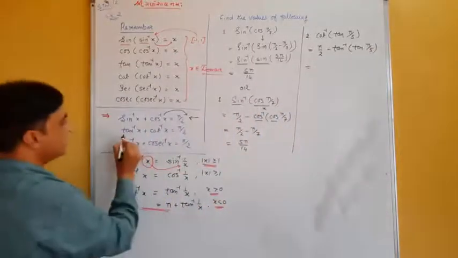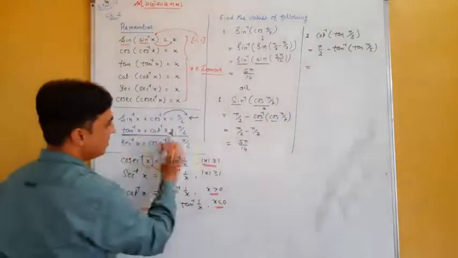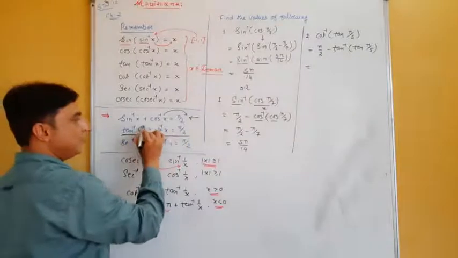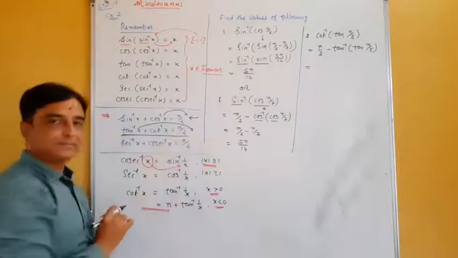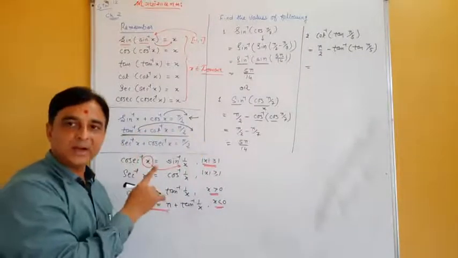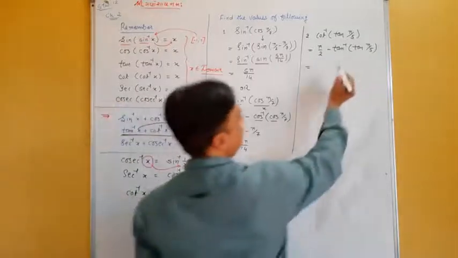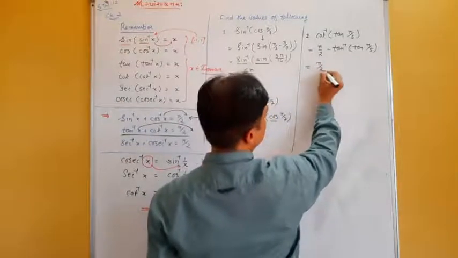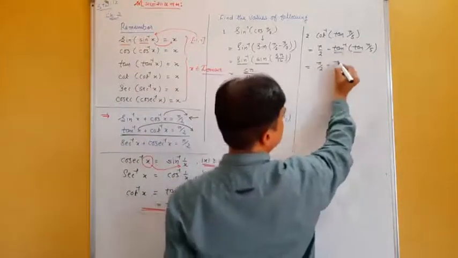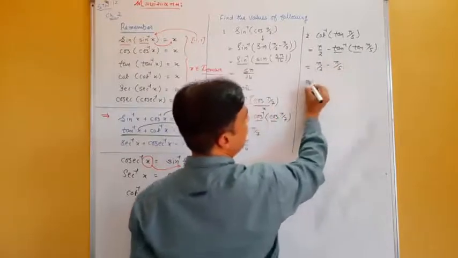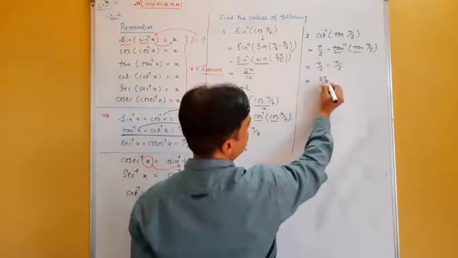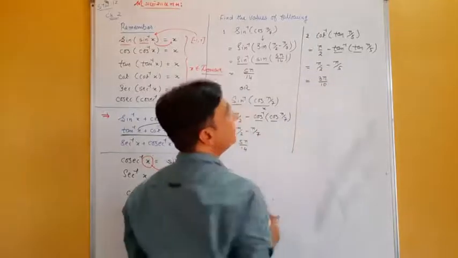We have used this formula: cot inverse x equal to pi by 2 minus tan inverse x. That means pi by 2, this cancels, minus pi by 5. So the answer will be 3 pi by 10.